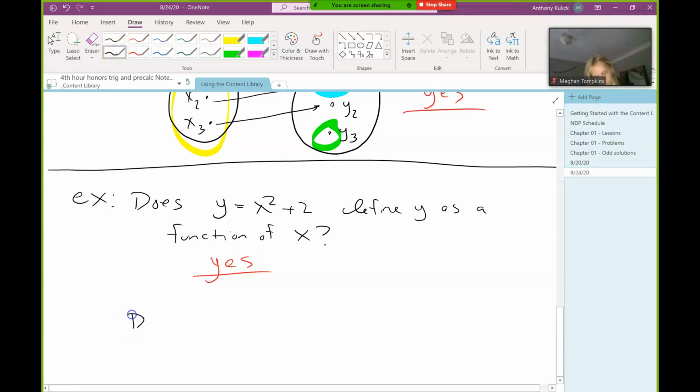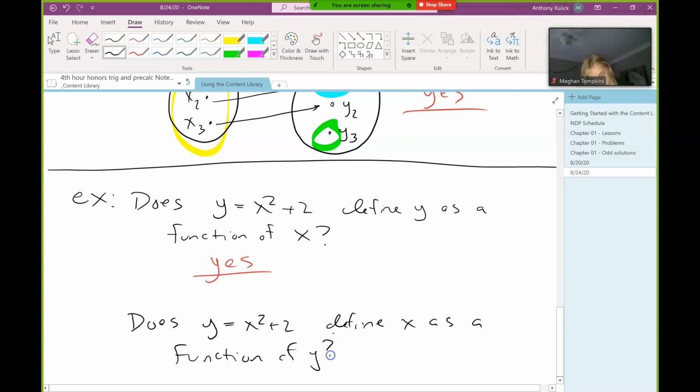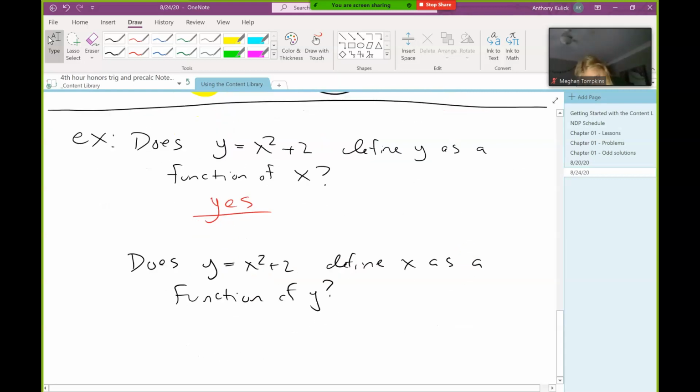Now, if we rephrase this and said, does y equals x squared define x as a function of y, that's a horse of a different color. Why is that an issue? So let's say we picked y to equal 3.